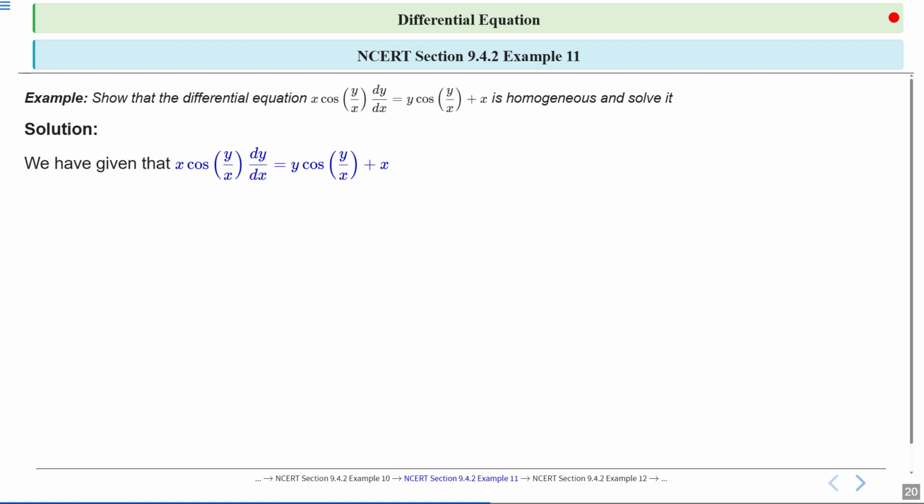So we are given that x cos(y/x) dy/dx = y cos(y/x) + x.